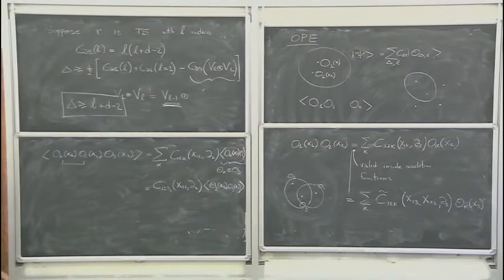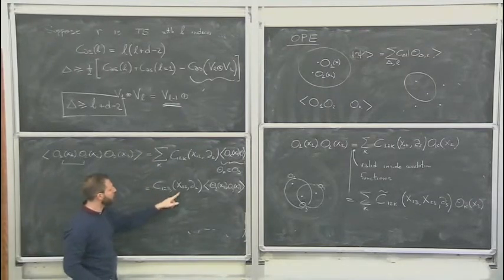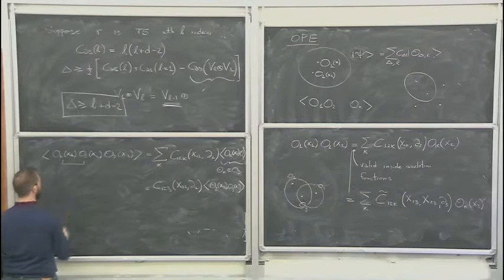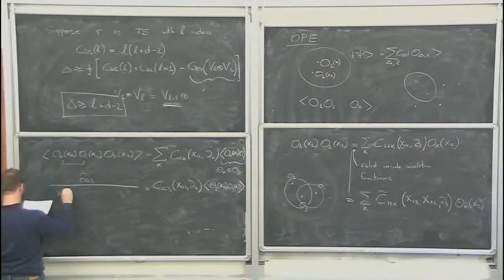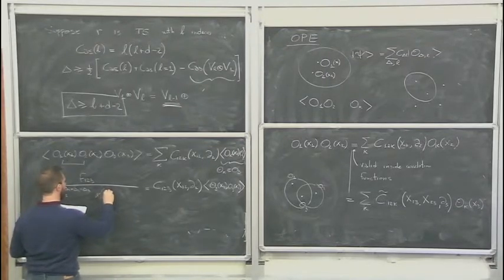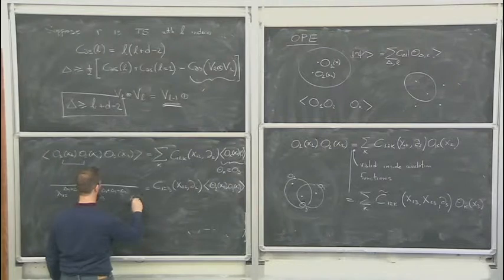In turn, we can use this nice property to extract what C_{123} is, because we know exactly what this three-point function is. It looks like some coefficient f_{123} divided by a known function of coordinates: x12 to the power delta1 plus delta2 minus delta3, x13 to the power delta1 plus delta3 minus delta2, and x23 to the power delta2 plus delta3 minus delta1.